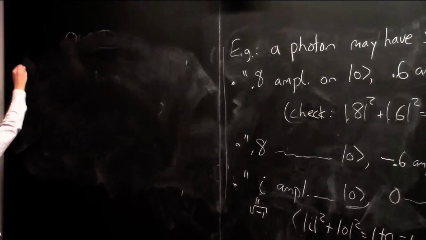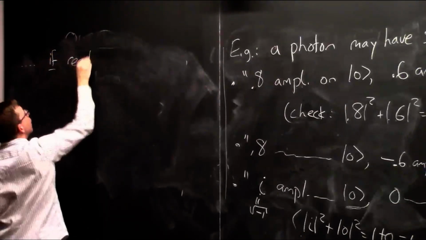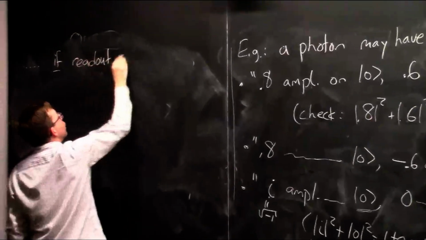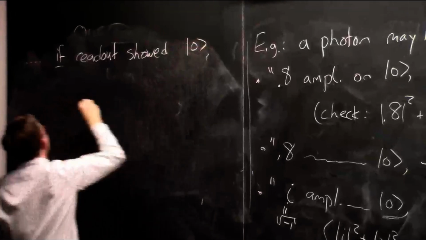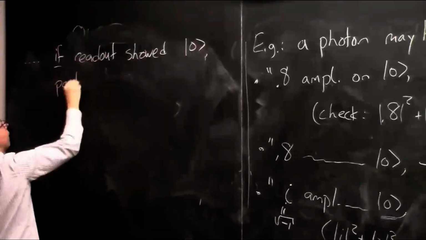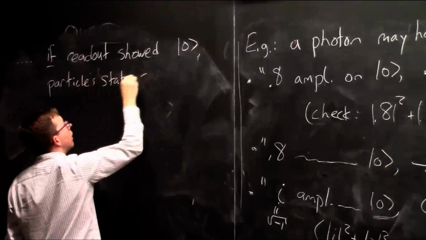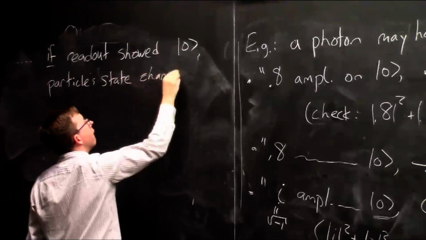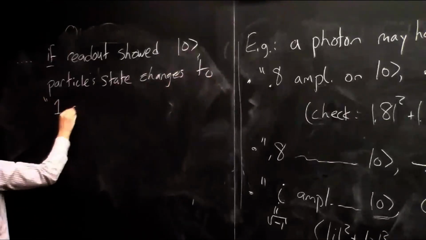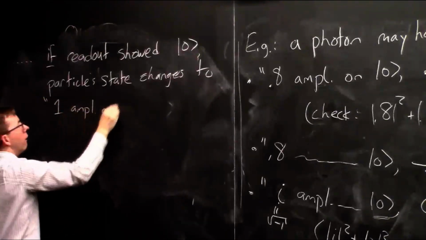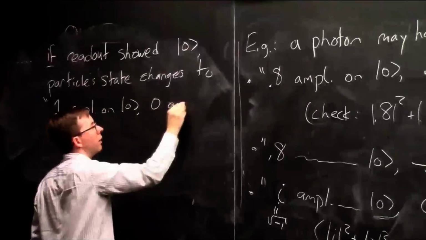Okay, so this is the conclusion. If the readout showed 0, the particle state changes to 1 amplitude on 0 and 0 amplitude on 1.